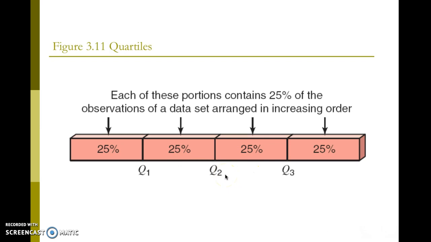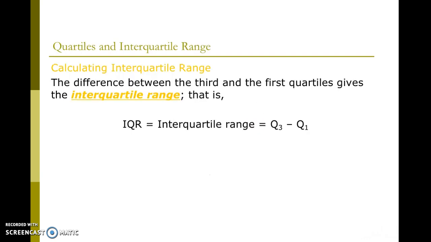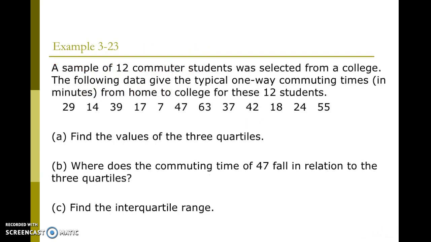Because, of course, as we've seen in other data sets, sometimes we might have outliers that land out here or out here. So the interquartile range is a nice measure of where the middle 50% of the data lies. So there's the interquartile range.